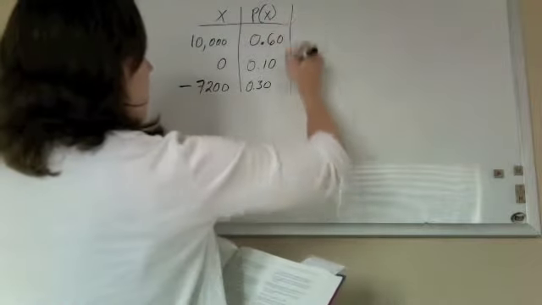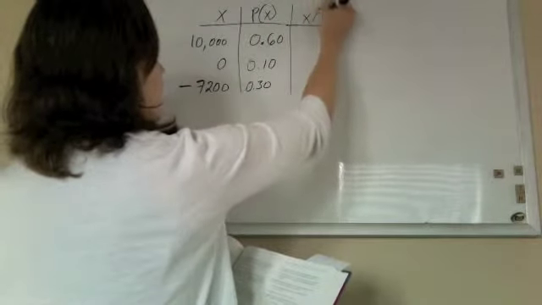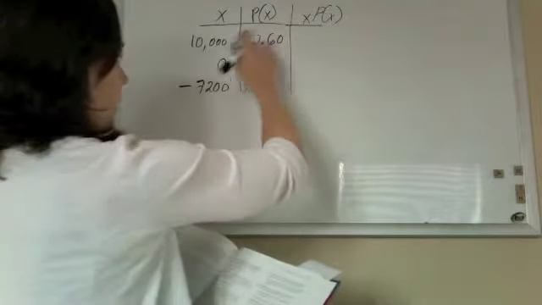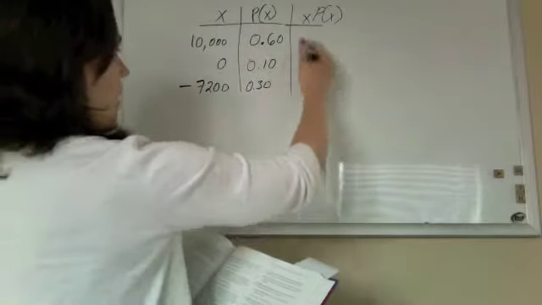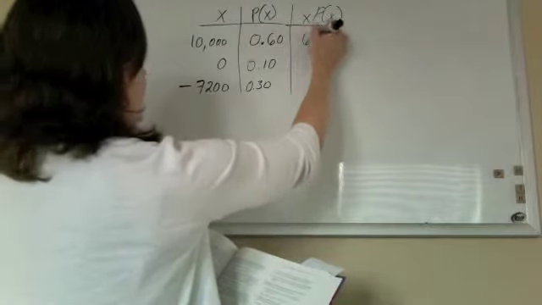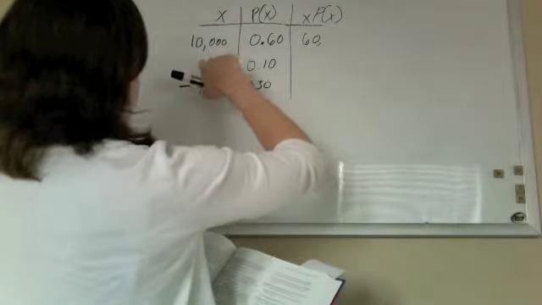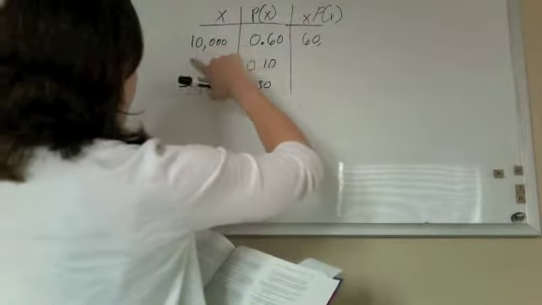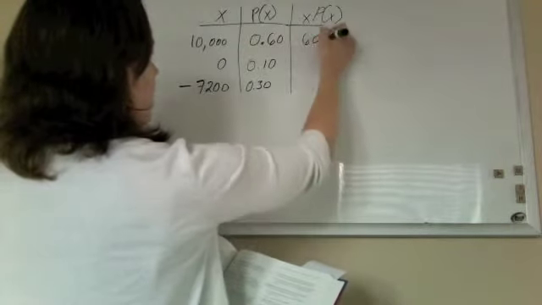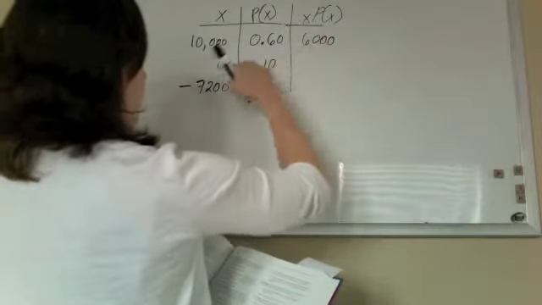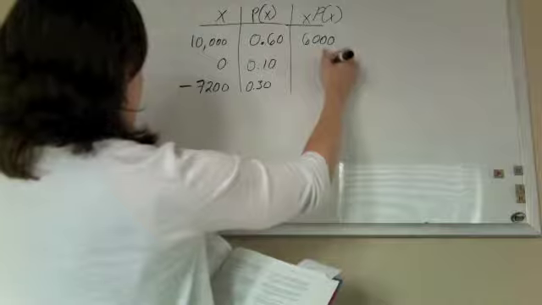So we're just going to make x times P of x over here and multiply these 2 together. So here we'll get 6,000. Here, 0 times that, we just get 0.